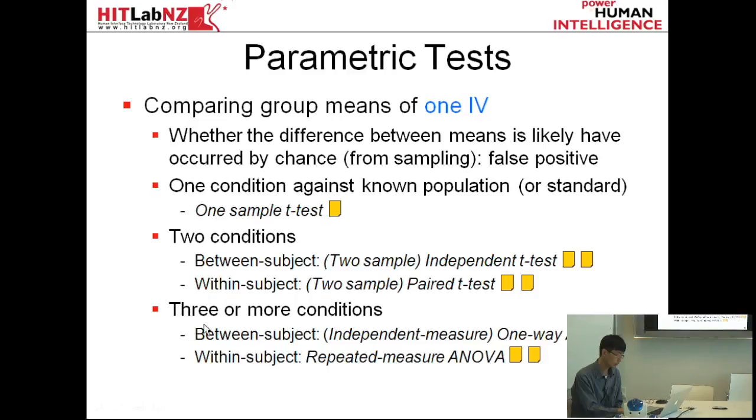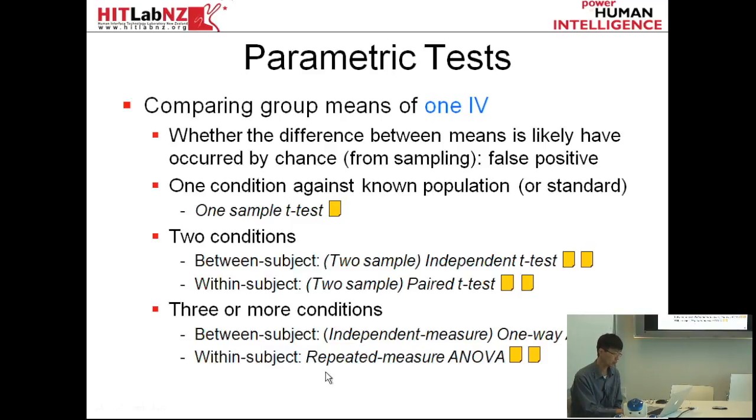And again, if you have three or more conditions, then you'll have to choose one of the ANOVAs. And again, either your user experiment design was between subject design or within subject design, there are two types of ANOVA tests that you'll have to go with. If it's between subject design, you'll have to go with simple one-way ANOVA test, or sometimes called independent measure ANOVA test.